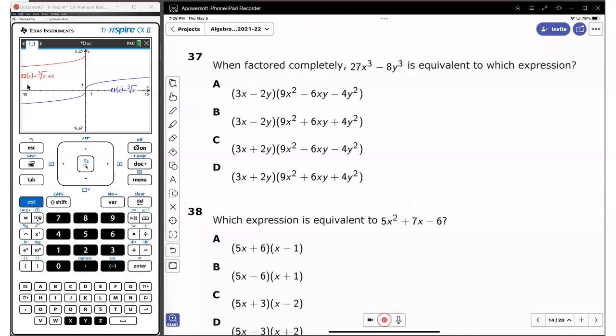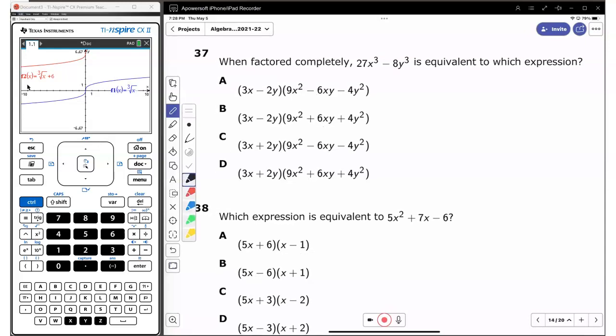When factored completely, 27x cubed minus 8y cubed is equivalent to what? Well, I'm going to rewrite this as 3x to the third power minus 2y to the third power. And I know the formula is 3x minus 2y, parentheses, you get the first term and you square it, which is 9x squared.